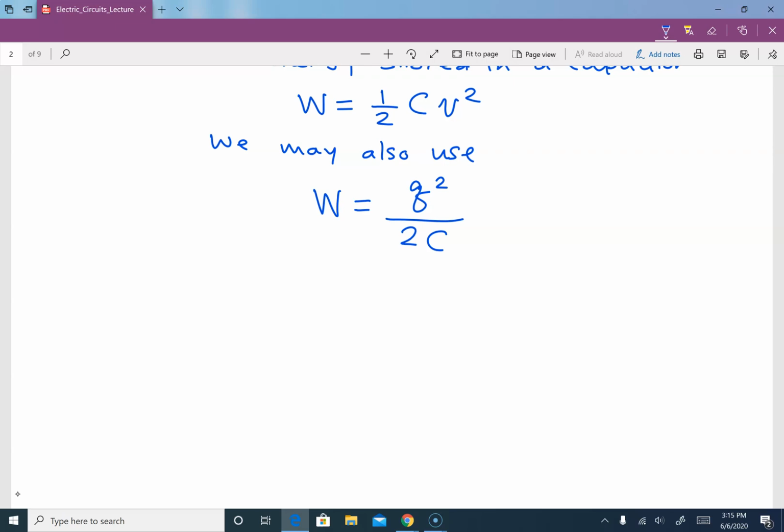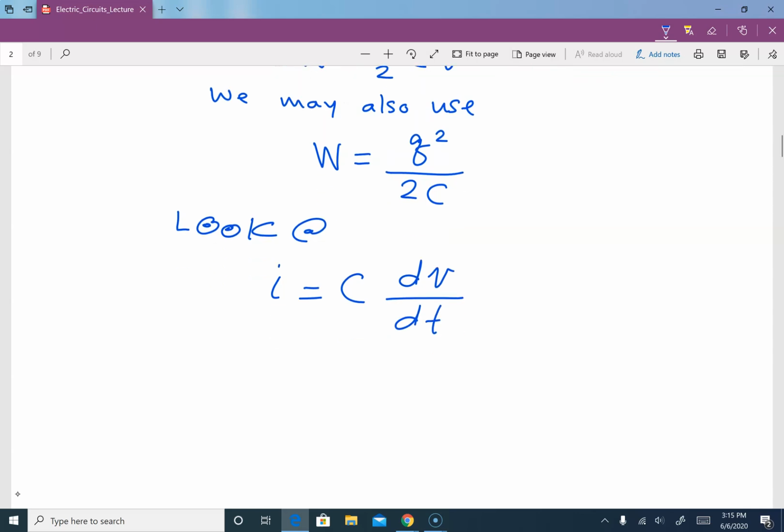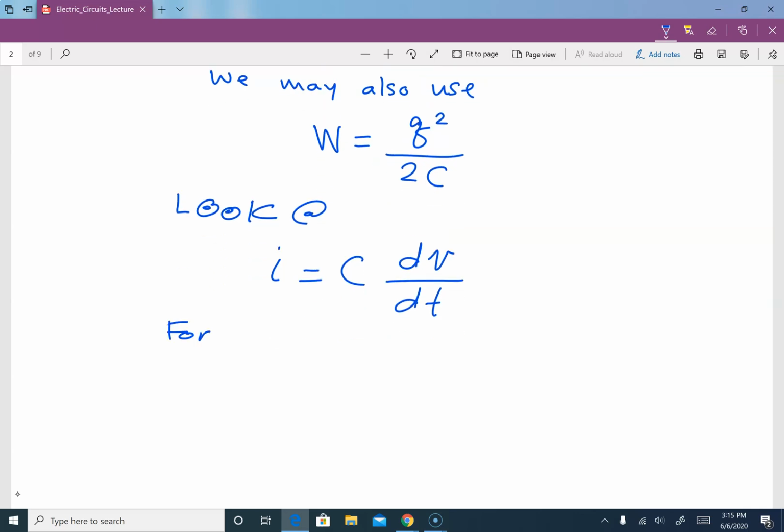So now if we look at I is equal to C dV over dt for DC voltage, which is not changing with time, which means it's constant.